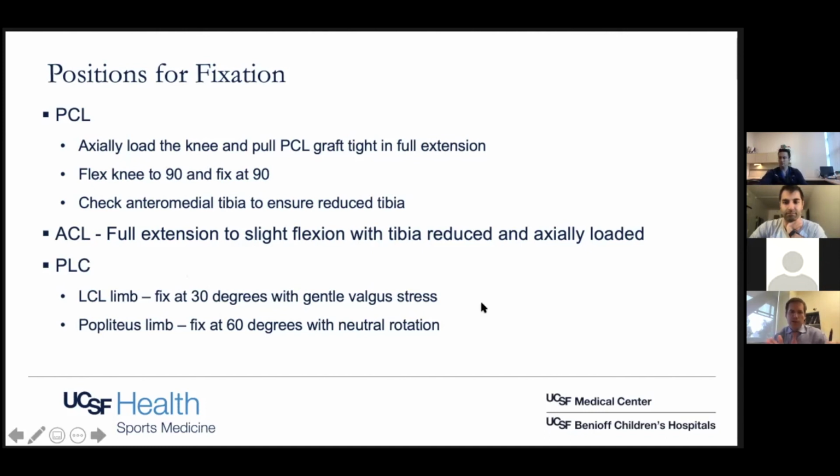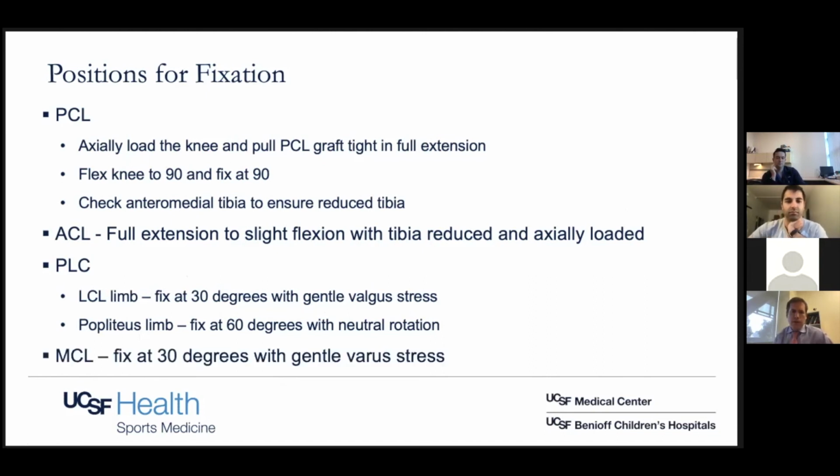So you want the knee in neutral to slight valgus, and then fix the LCL. For the tibial fixation, you'll pull that LCL limb through and the popliteus graft, and have the knee at 60 degrees with neutral rotation. And then for the MCL, we'll fix at 30 degrees with a gentle varus stress on the knee.